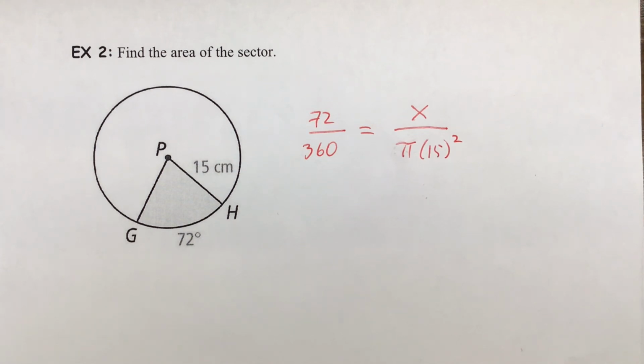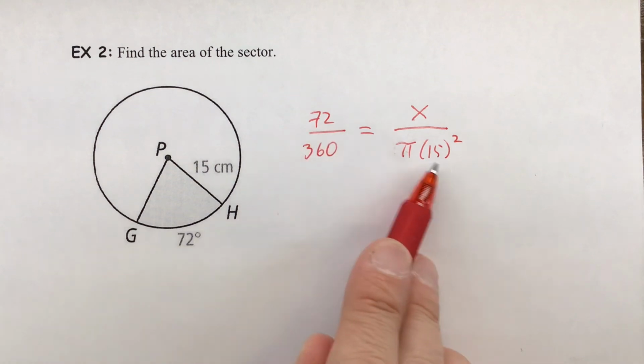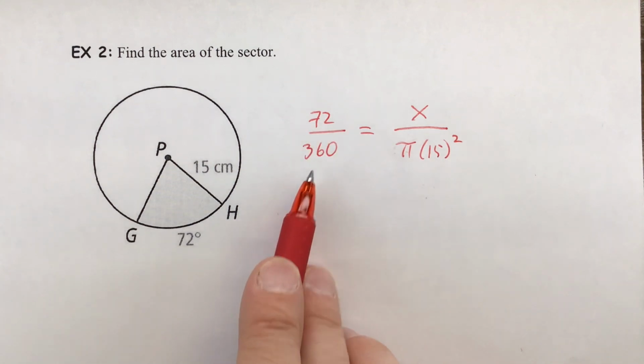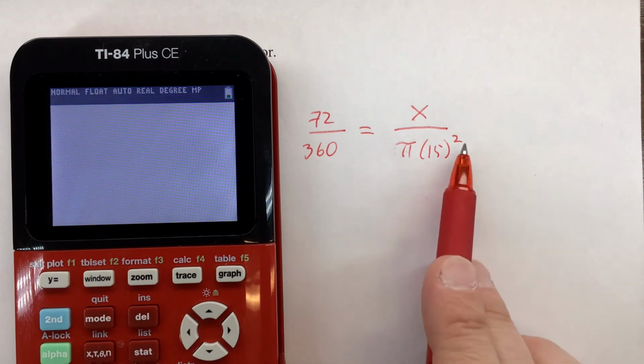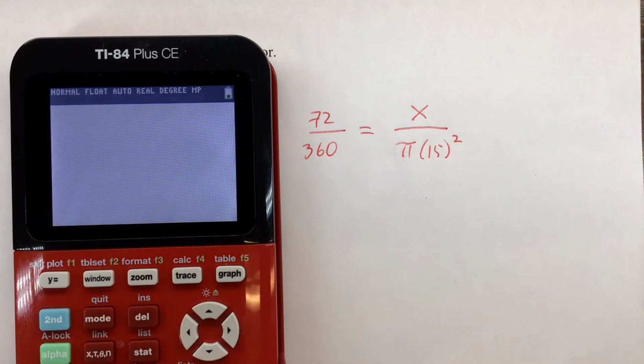With cross products, we're going to multiply here, then divide by 360. What I'm going to start with is just calculating this part here. So we have pi times 15 squared. The full area of the circle is about 707.